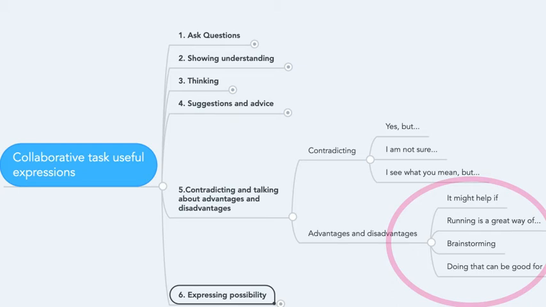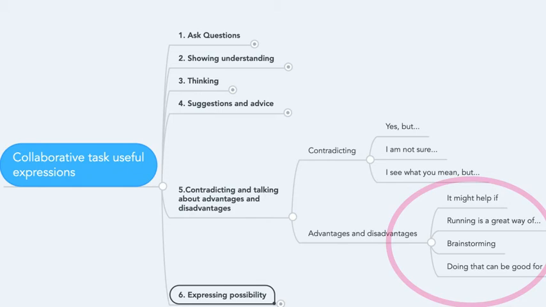And you could use them, you could allow them only 1 hour a day. Okay, so here we've got yes but, you can start with yes but and then move on to the advantages and disadvantages. So you could say it might help, it's a great way of, or before it's a good idea to prepare for this part of the exam or all parts of the exam.